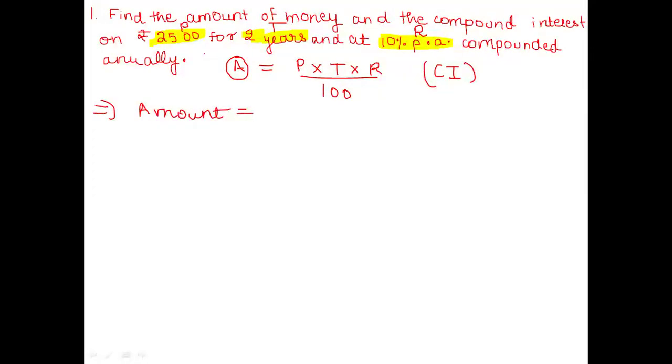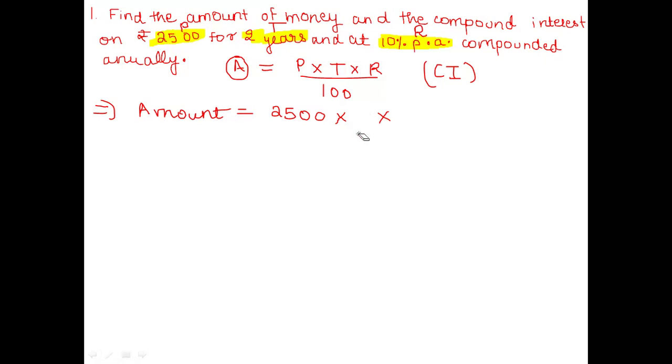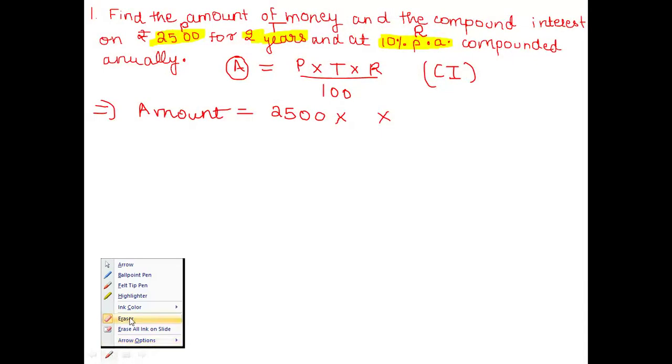Amount equals P, which is our principal, 2500, into T, which is time, 2 years, into R. R is nothing but our 10% per annum, right? Now time we can't take as 2 because we need to do it annually.